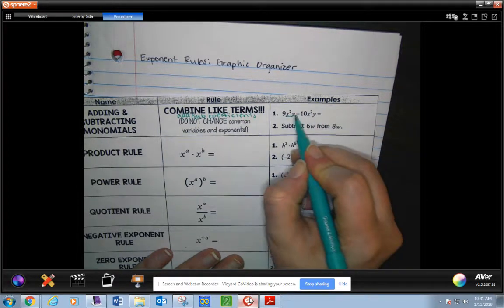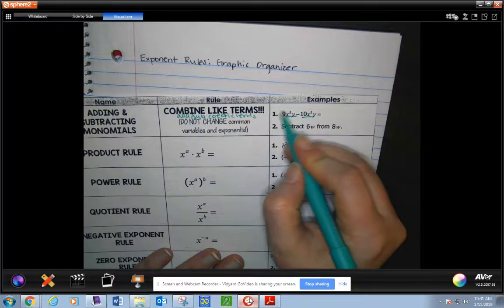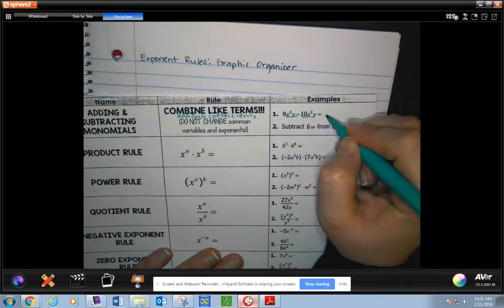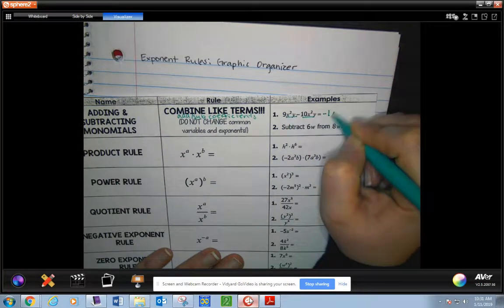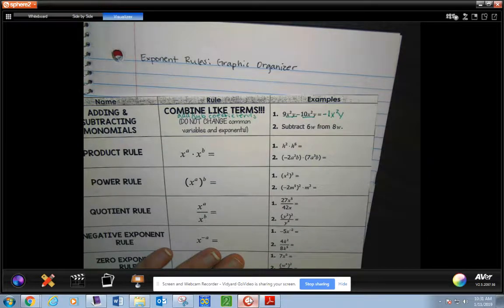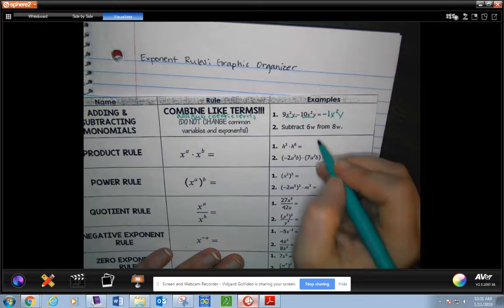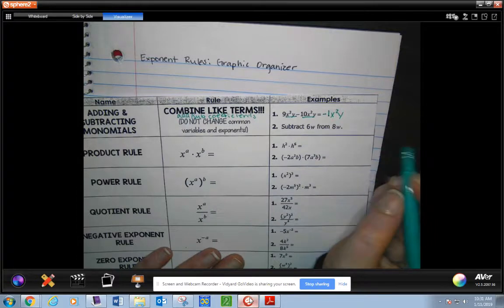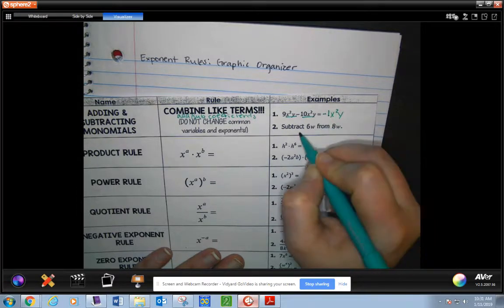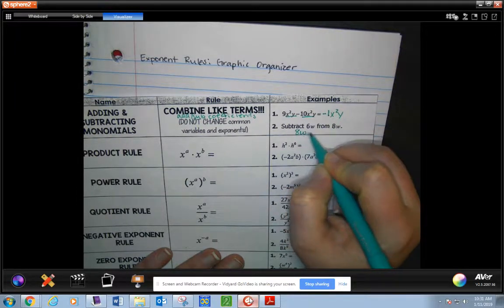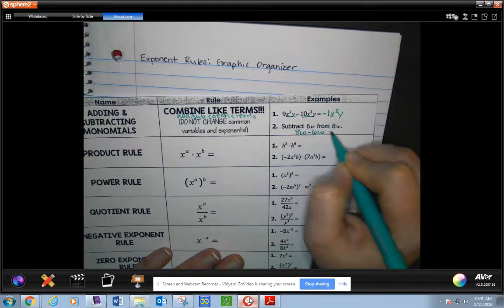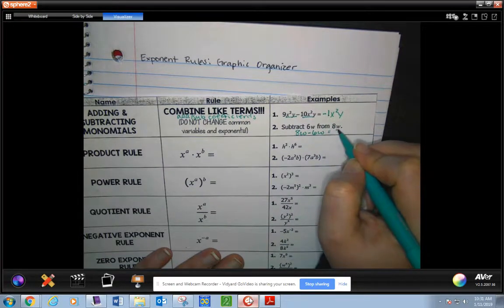Since these are the exact same thing, we're just going to look at the whole numbers and do 9 minus 10, which gives me negative 1, and I keep x squared y. You cannot change your letters when you're adding or subtracting. For example 2, subtract 6w from 8w. Remember when it says from, you're actually doing 8w minus 6w, and 8w minus 6w gives you 2w.